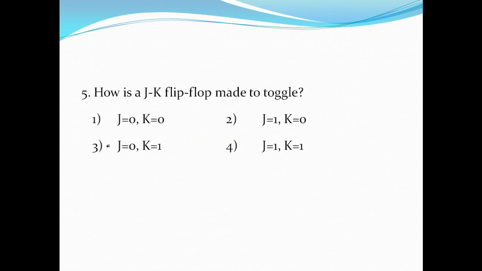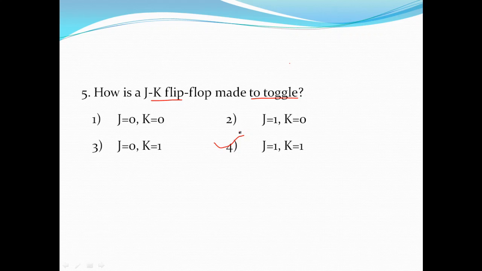Okay, now how is a JK flip-flop made to toggle? Here the JK flip-flop toggles only if both the inputs are high. So the answer is this one. If J and K are both 1, then the race condition occurs, right? Both outputs want to be high.